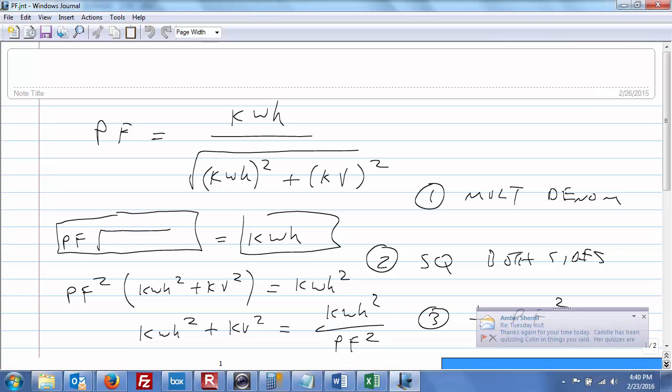Yeah, okay. So the power factor itself is, well, it's the kilowatt hours, and this is the resistive power. This guy is that hypotenuse of the triangle.